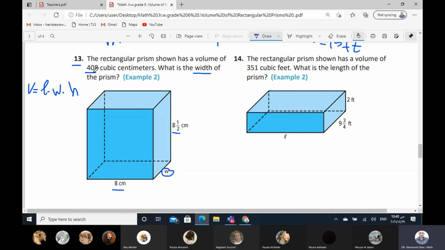We know the value 408 equals, the length will be 8, W, and the height 8.5. Change it to a fraction. 8 times 2, 16 plus 1, 17 over 2.